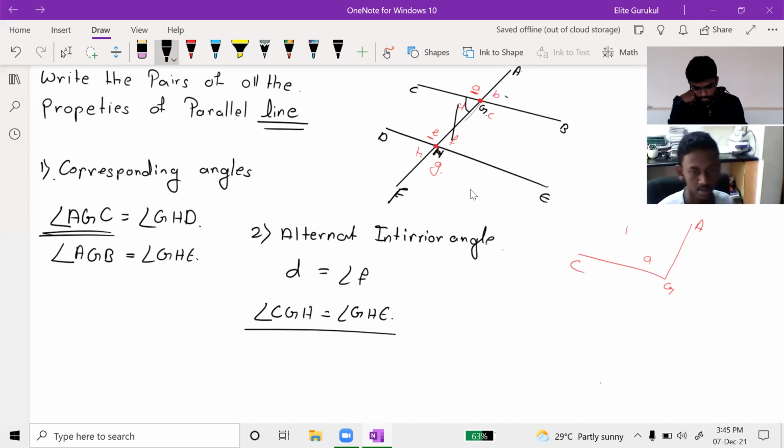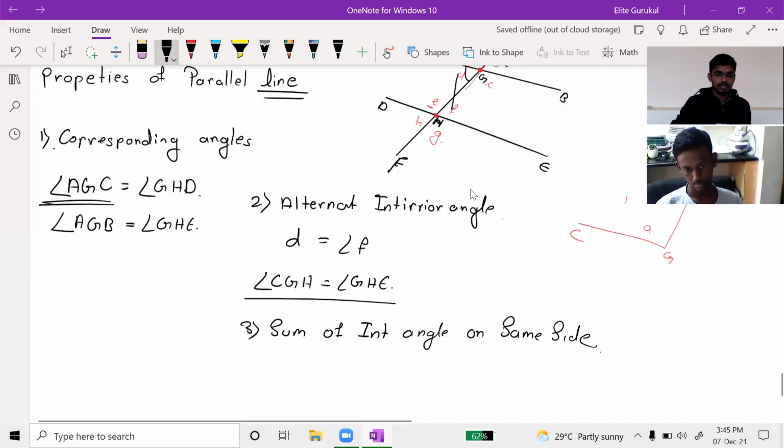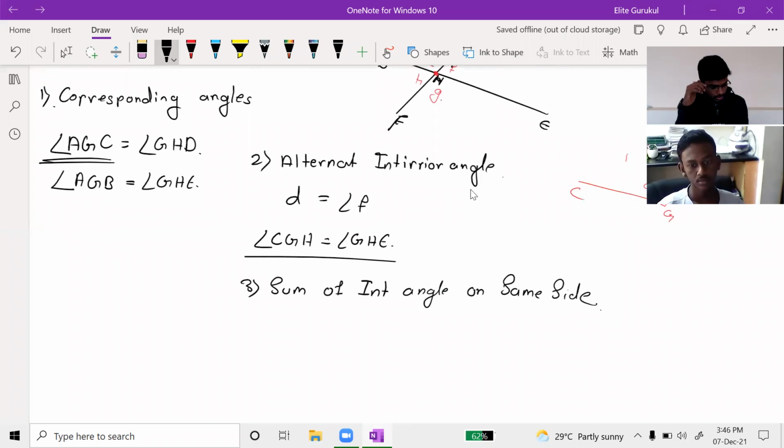Understood? Then third, sum of interior angles on same side. Then fourth is your exterior alternate angles.